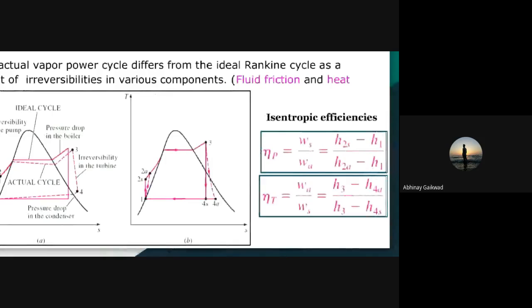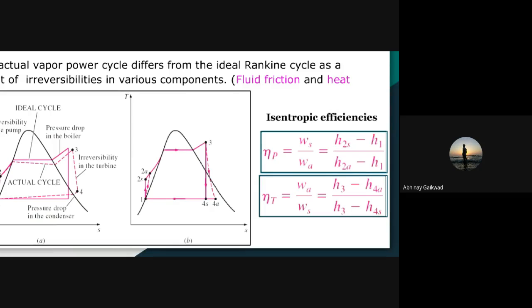Same procedure for calculation of the isentropic efficiency of the turbine. Work output of the turbine in the actual case. Now remember, in the actual case the work output is less, so I consider it as the numerator: WA divided by WS. Here you can use H3 minus H4A divided by H3 minus H4S. Now, we got this formula from this diagram, which is very easy.